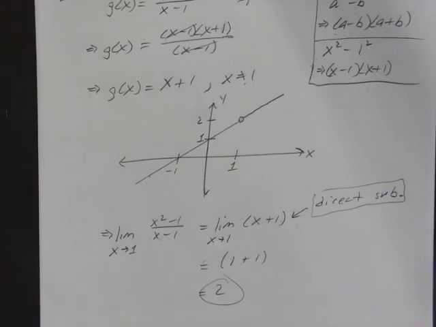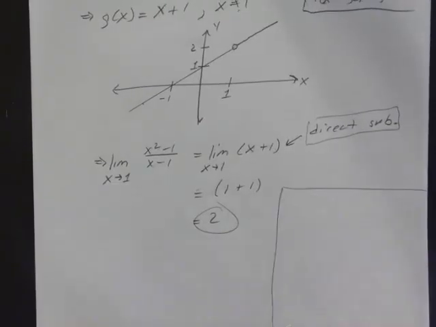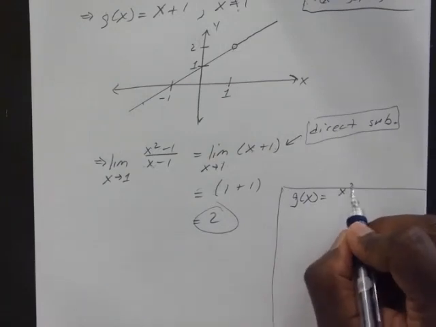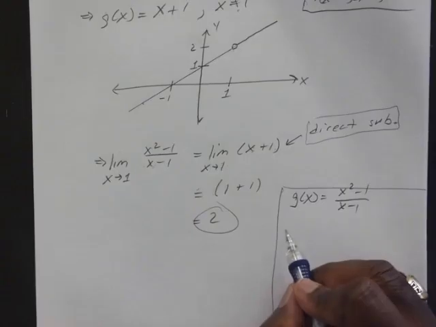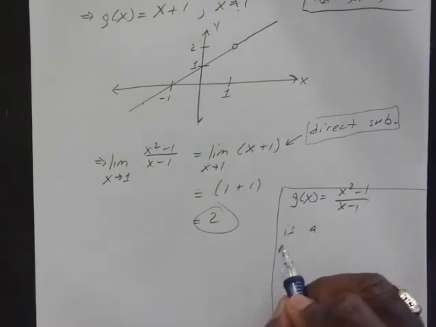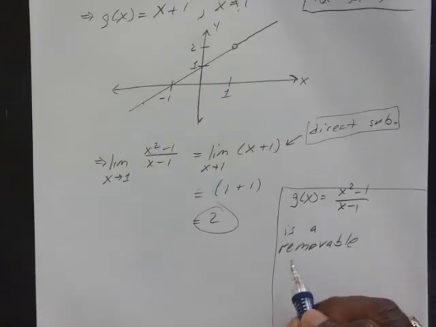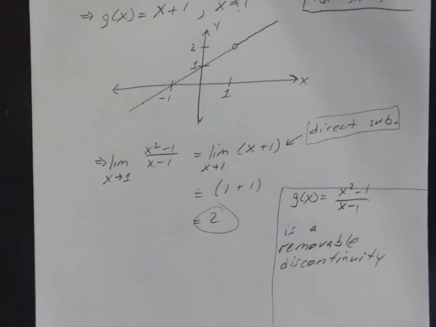Okay, so we know that g of x equals x squared minus 1 over x minus 1 is a removable discontinuity. Still not continuous, but you can temporarily remove it to find the limit.